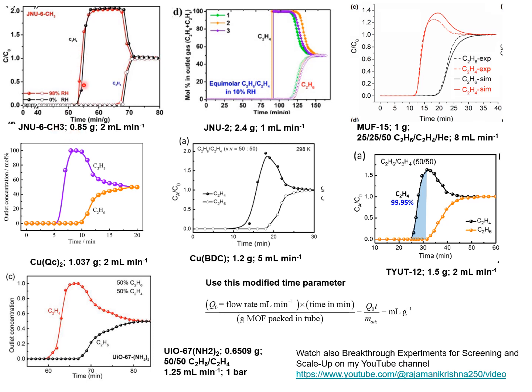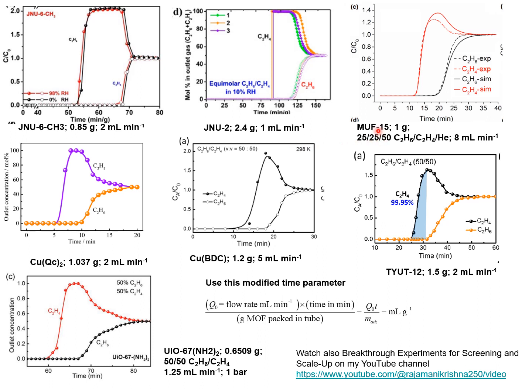For example, here the experimental data for JNU6CH3 uses 0.85 grams of MOF and the flow rate is 2 milliliters per minute. For JNU2, 2.4 grams of MOF are used and the flow rate used in these experiments is 1 milliliter per minute.